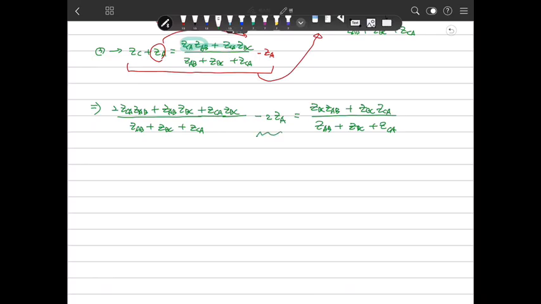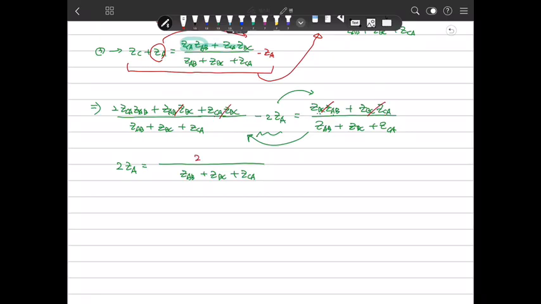So 2GA is over here, and the denominator is GAB plus GBC plus GCA. The GAB GBC terms we eliminate, and the GCA GBC terms we eliminate.